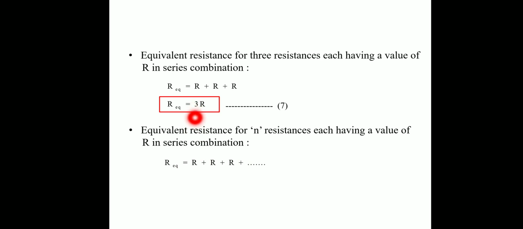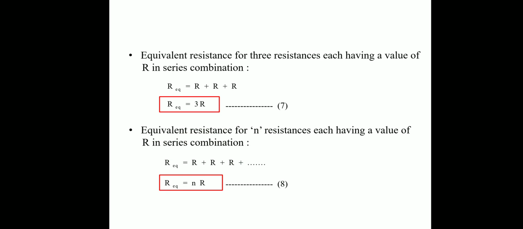To find the equivalent resistance, we simply multiply the value of every resistor with the total number of resistors. Fine. So here, if we have to find R equivalent, how many resistors are there? There are n resistances. n could be any value, 100, 1000, 2000. So we simply multiply this R with n and we will find the value.